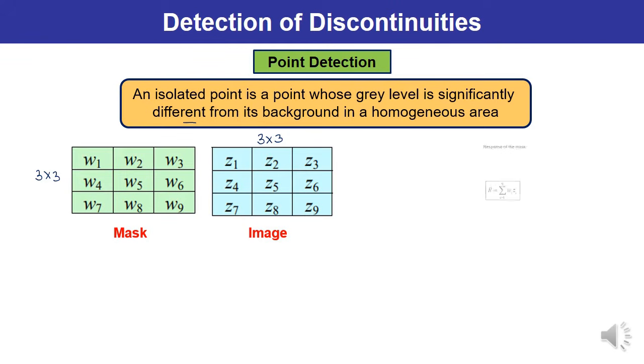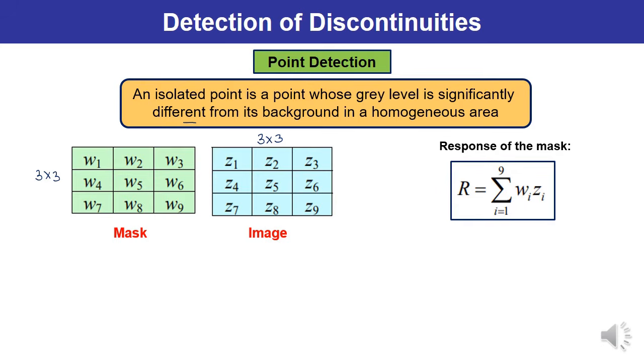This response R is the summation of all the 9 terms. It is a 3x3 matrix, so all the 9 terms, w into z: the coefficient of the mask into the coefficient of the image. So this is the process.